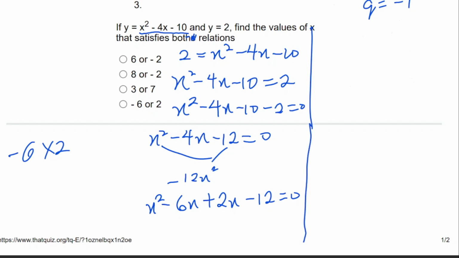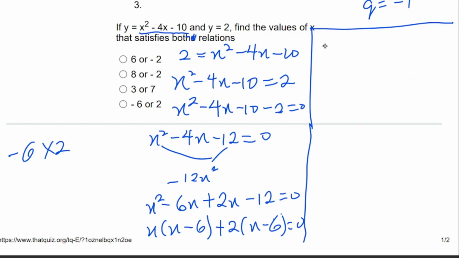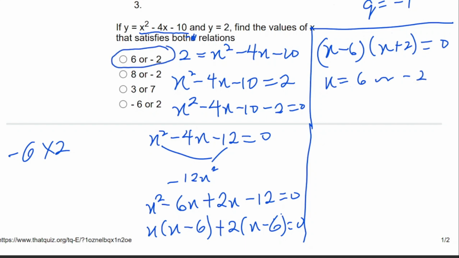So what is common is x minus 6, and then x plus 2 is common. So we have x minus 6 and x plus 2 equal to 0. Therefore, x is equal to 6 or minus 2. That is the answer here. I hope that is very clear.